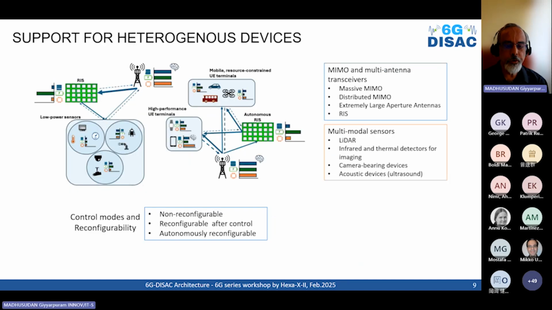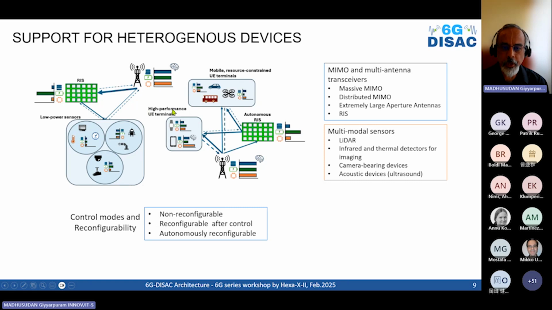And for the support of heterogeneous devices, like was mentioned in the previous presentation as well, we are talking about multiple different kinds of antenna technologies that we might be using: massive MIMO, distributed MIMO, RIS, extremely large apertures, and so on. How do these fit in?